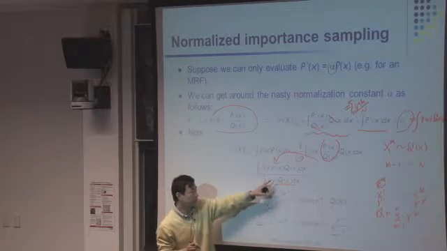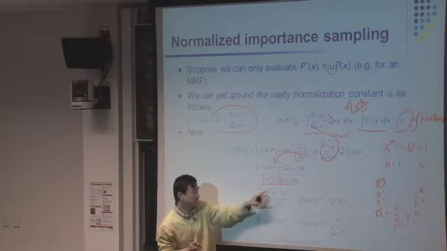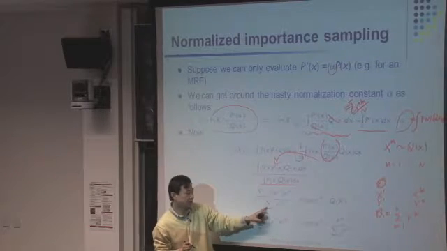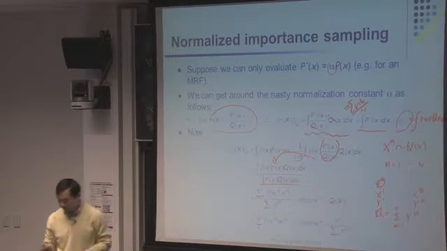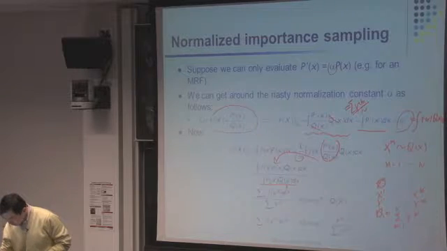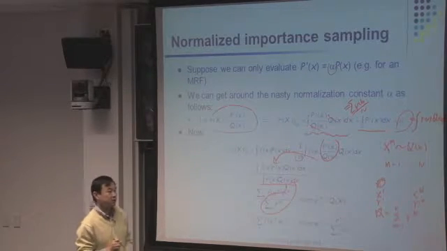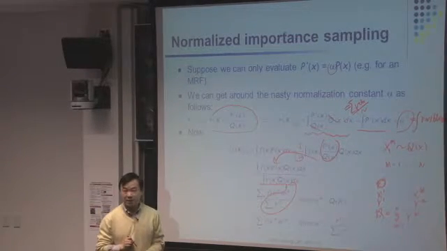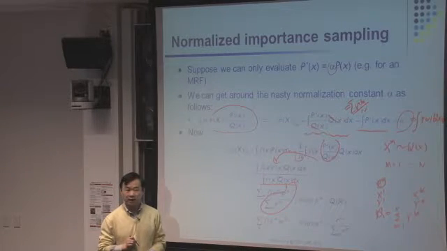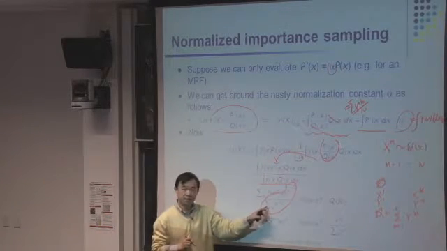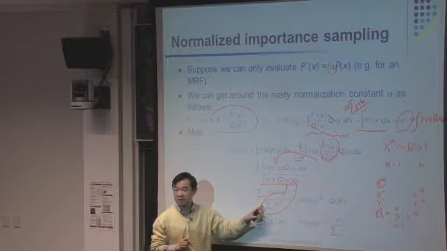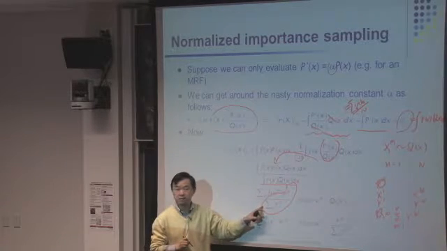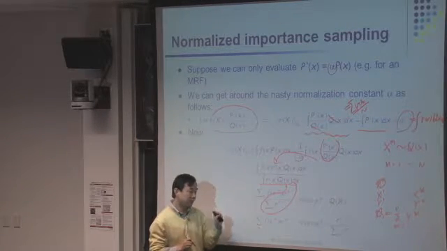So you replace both upstairs and downstairs with a sample-based summation. And now things become clear. This part corresponds to a normalized form of the R's. They are all the R's, and each of them is divided by the same thing, which is the sum of all the R's. That means they are normalized R's.